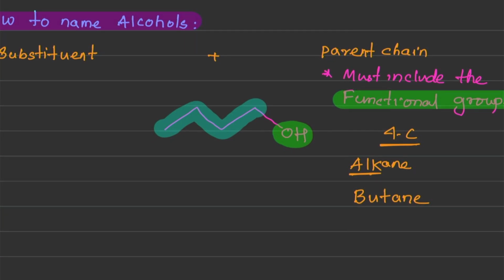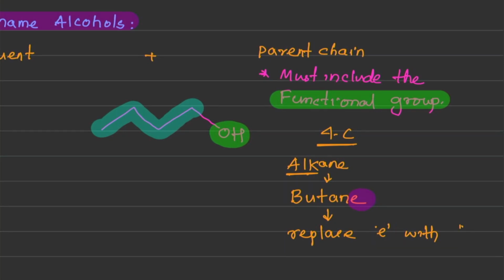But this is not the final name. The next thing we're going to do is replace the final letter E with ol. So you will see we're replacing the final letter or final few letters with the functional group specific names.